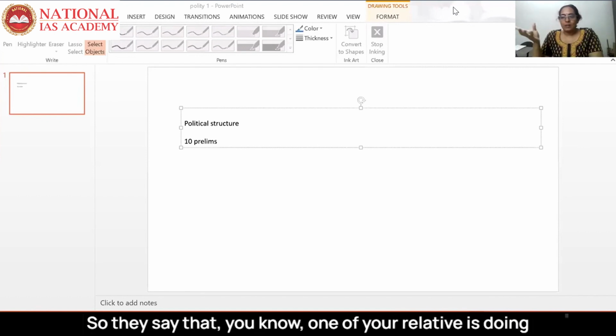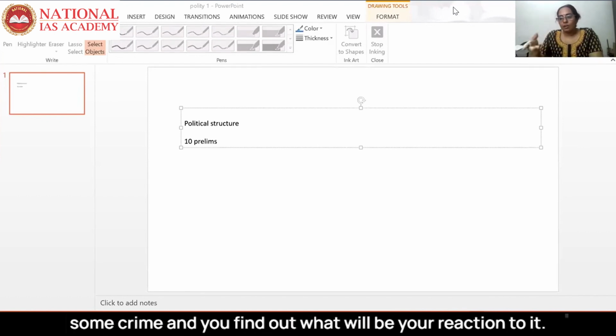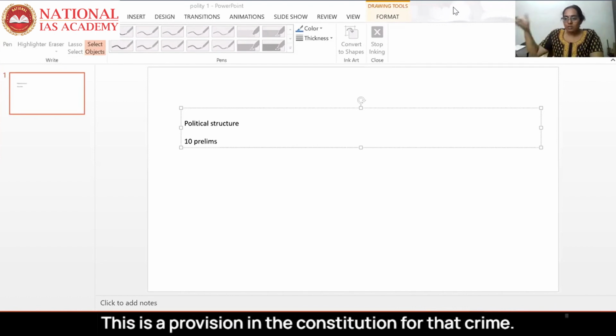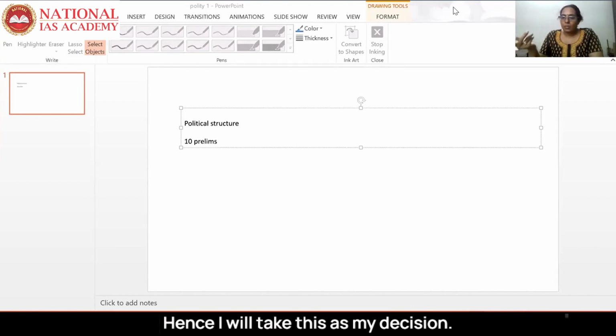For example, there have been many questions. They say one of your relatives is committing some crime and you find out; what will be your reaction? You have to say that you are going to be in line with the constitution; this is the provision in the constitution for that crime, hence I will take this as my decision.